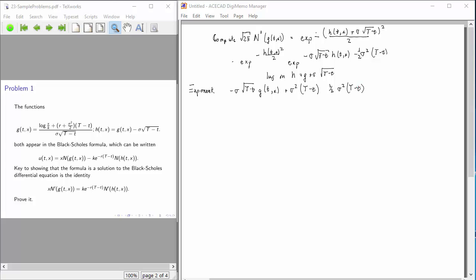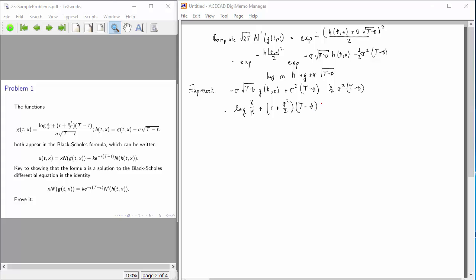Okay, look at the formula for g. That's got a sigma times the square root of T minus t in the denominator. Conveniently, we are multiplying by that. So all I get is what's left in the numerator, the log of x over k plus r plus sigma squared over 2 times capital T minus little t.